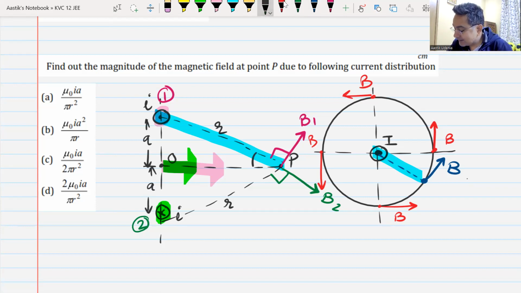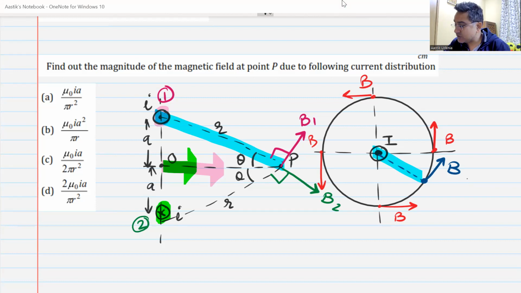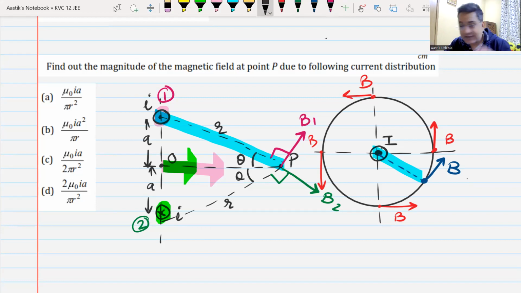If I call this angle theta, I can resolve B. Both are the same because the current is the same and the distance is also the same, my dear friends. So this component of B and this component of B will cancel each other out.